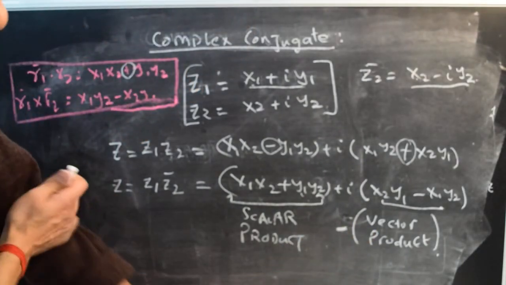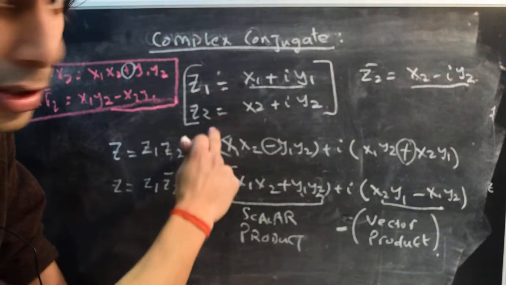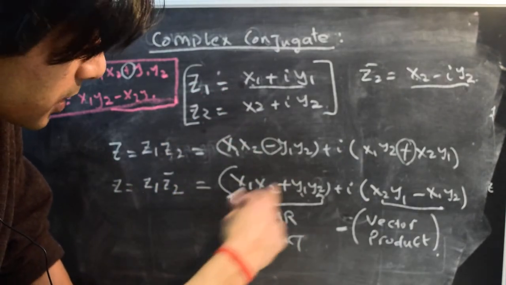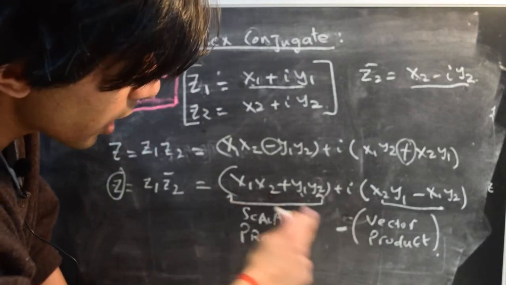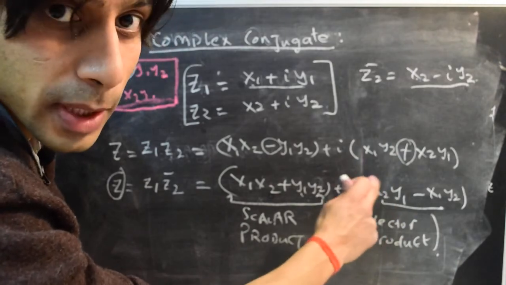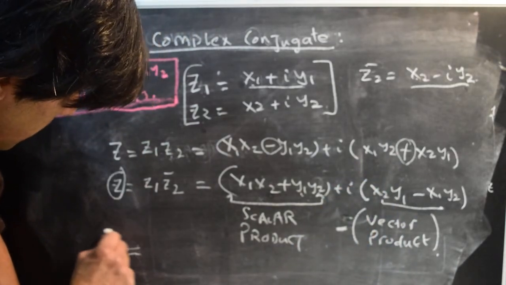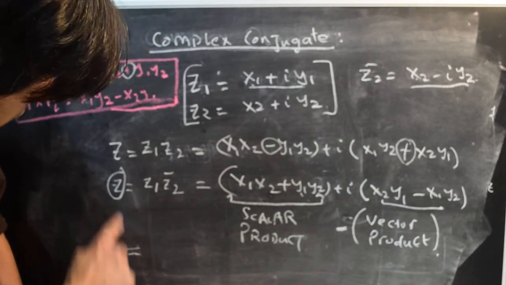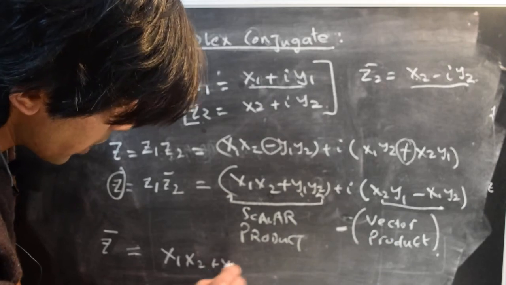And in fact, if we take the conjugate of this, which is, had we defined this as z1 bar z2, we'll get the same scalar product, but exactly the vector product, because we'll pick up a minus sign here. So if I take the conjugate of this variable, we'll find this is x1, x2 plus y1, y2.